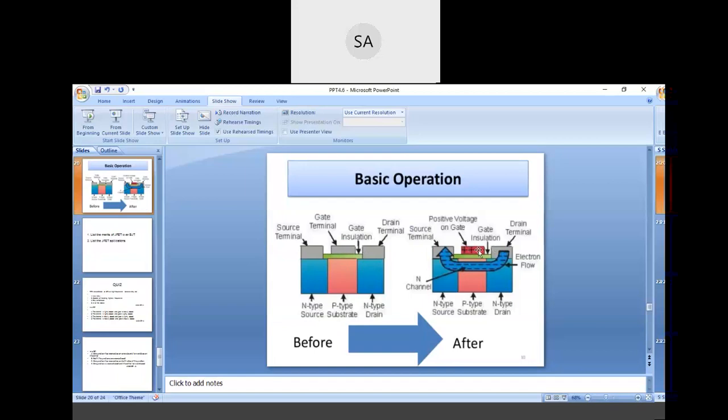Once it is diffused, there will be movement of charge carriers from drain to source. Then the channel will be formed between the drain and source, which indicates the diffused channel.